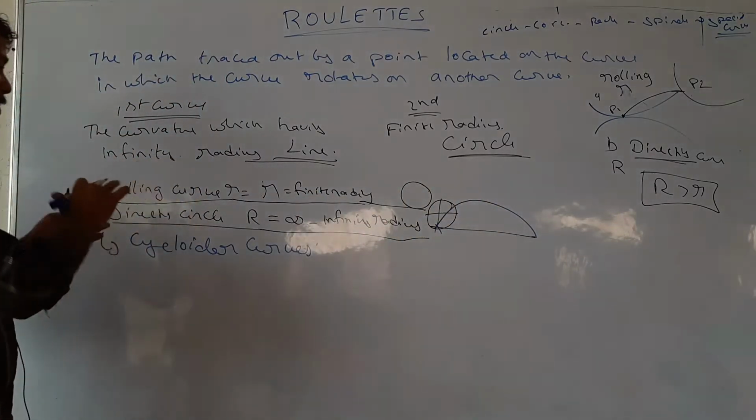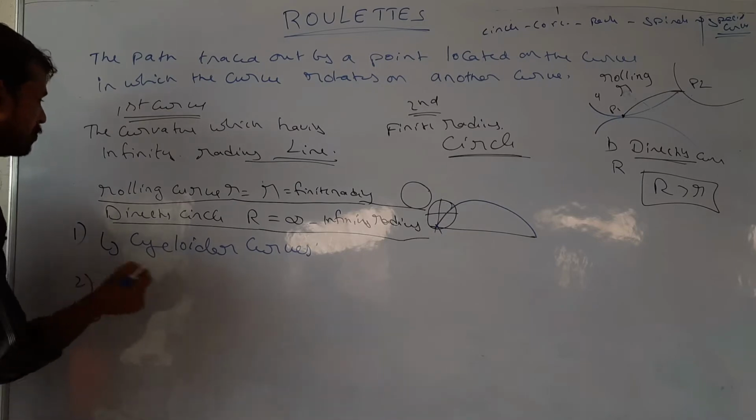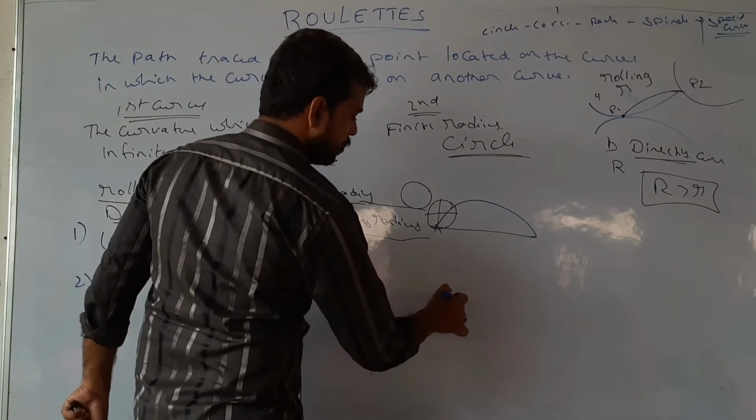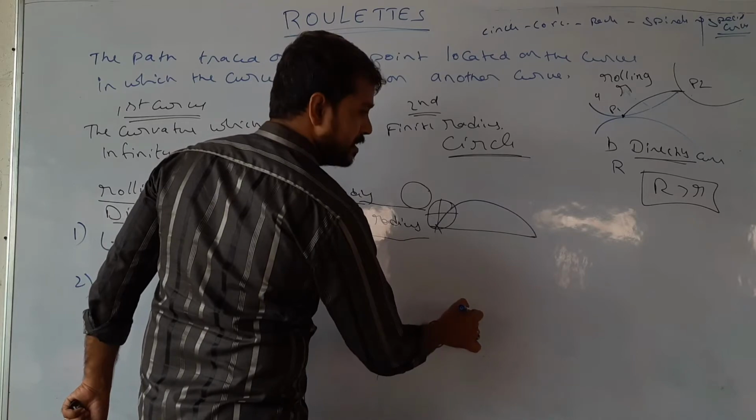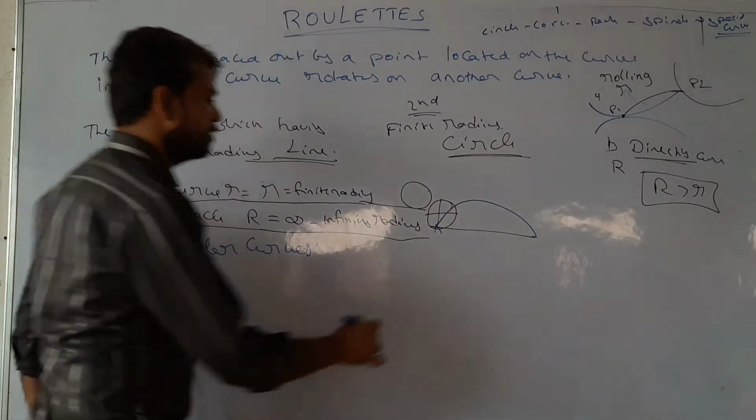So what if this phenomenon is reversed? That means the rolling circle radius is infinity.